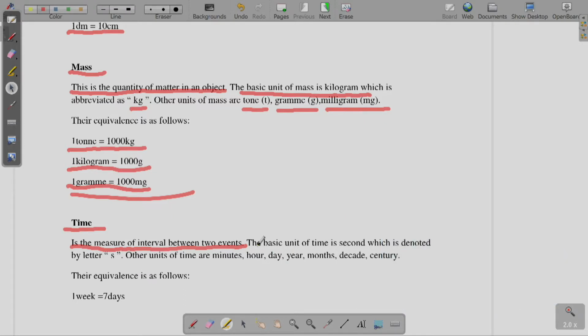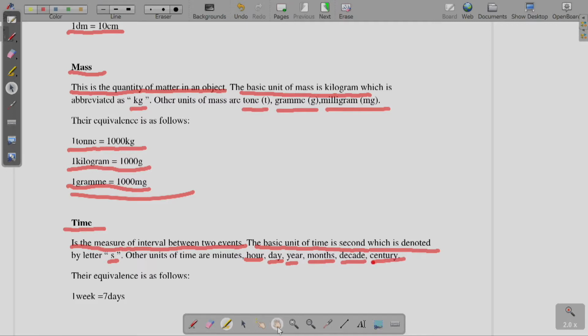And the basic unit of time is always the second, always denoted by the letter s. Other units of time are hour, day, year, months, decade, century, and others.